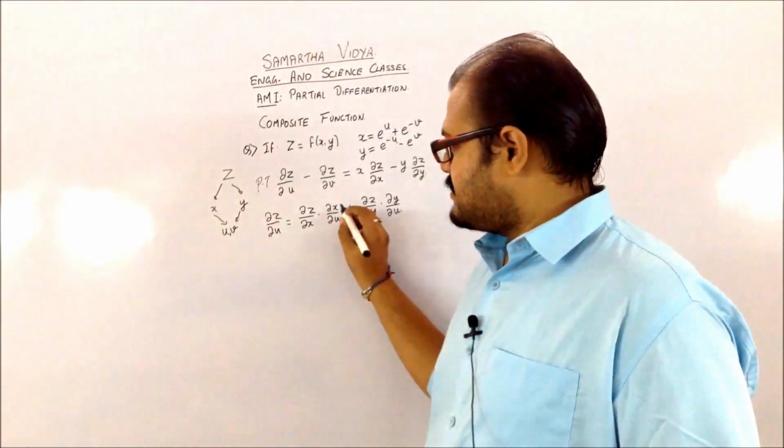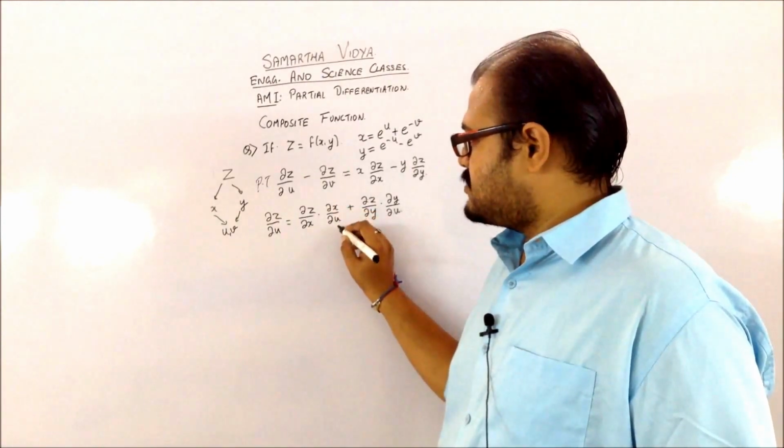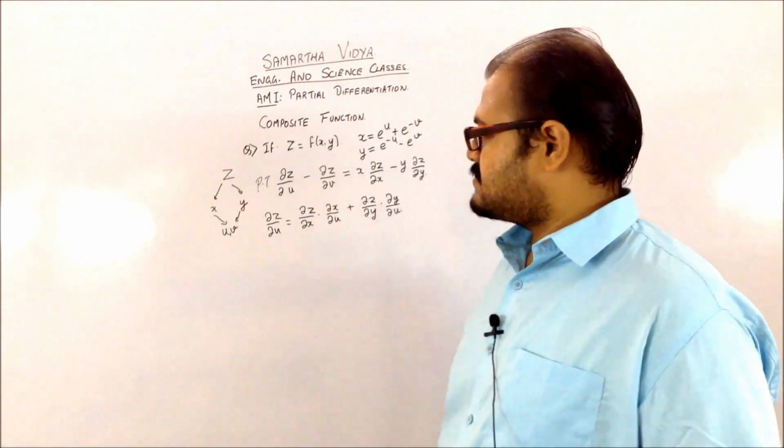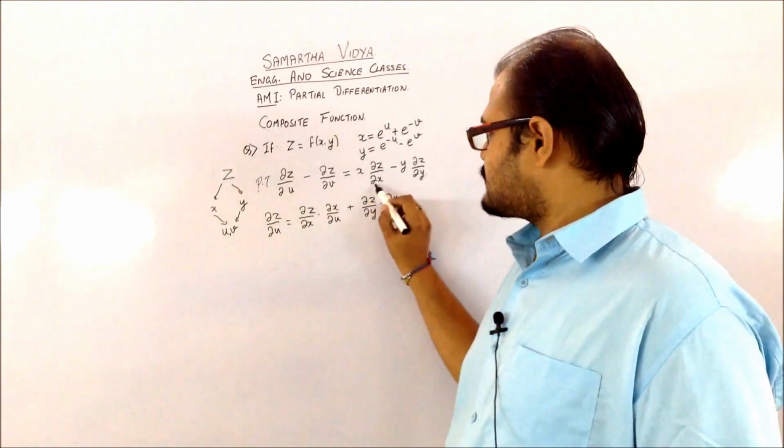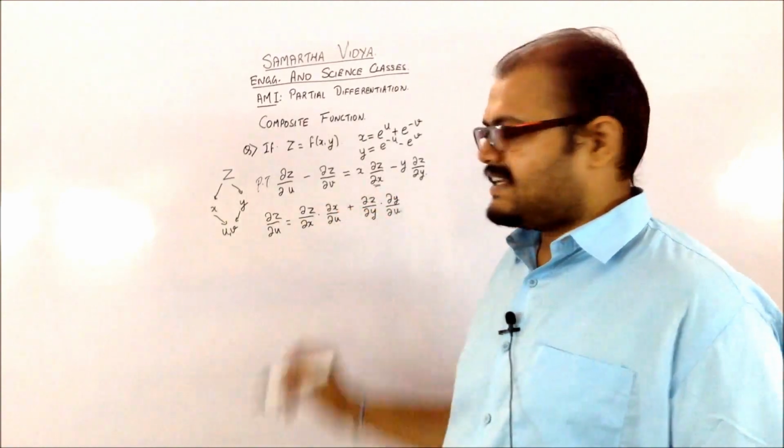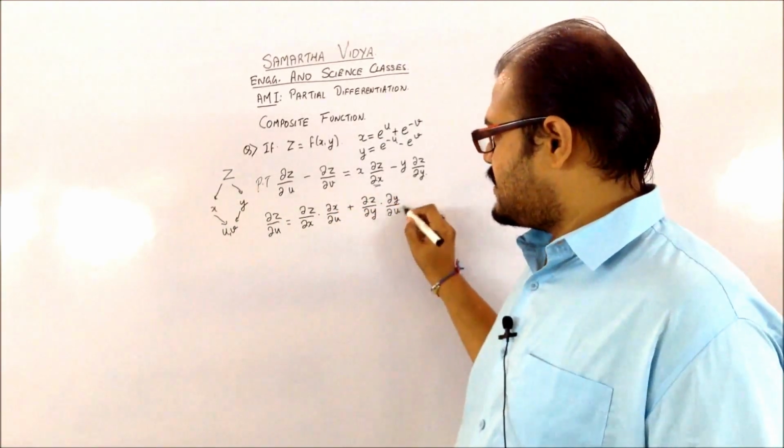So you need to find your del x by del u because you require this particular term, that is del z by del x over here. So you can find your del x by del u and you can find your del y by del u.